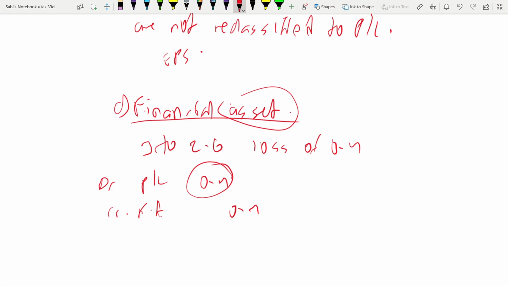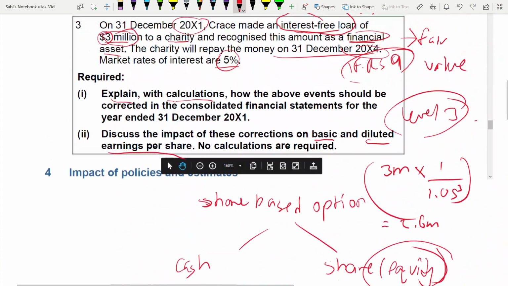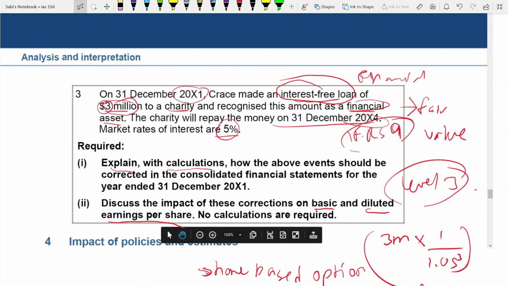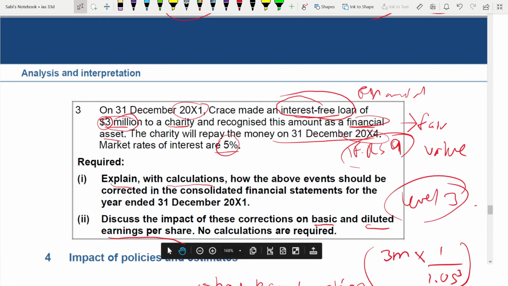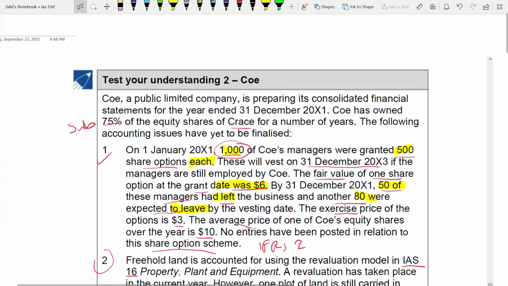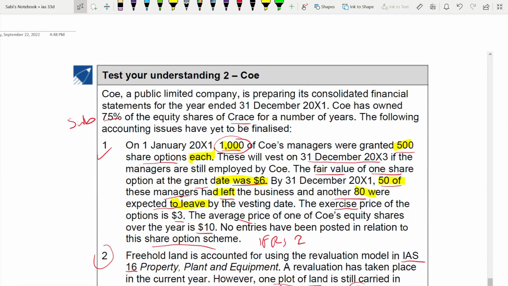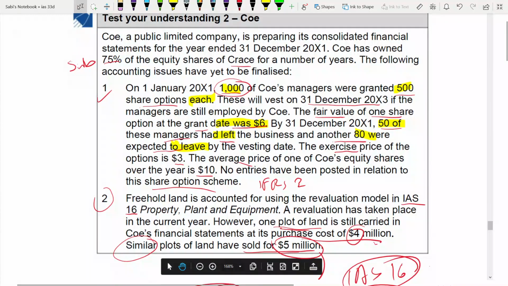And wait a minute, this is for consolidation purpose, right? The nature of the first and the second is different compared to the third.